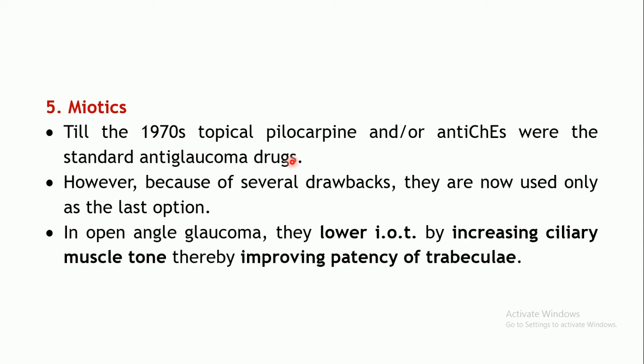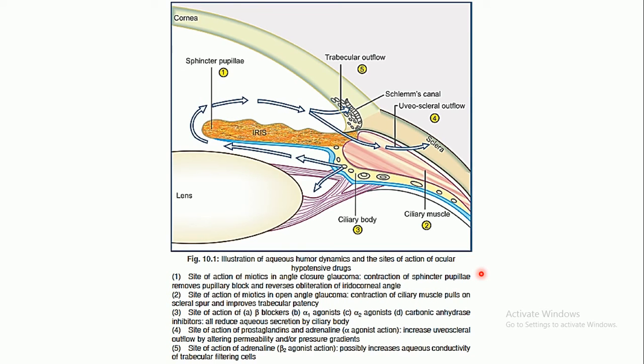In open angle glaucoma, they used to reduce the intraocular tension by increasing the ciliary muscle tone. As a result, it improved the patency of the trabeculae, so outflow was facilitated. But these drugs are almost out of use nowadays, due to the availability of better drugs.